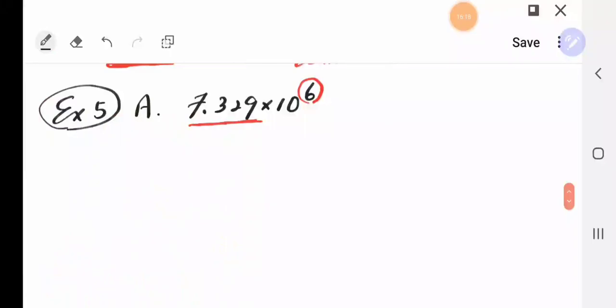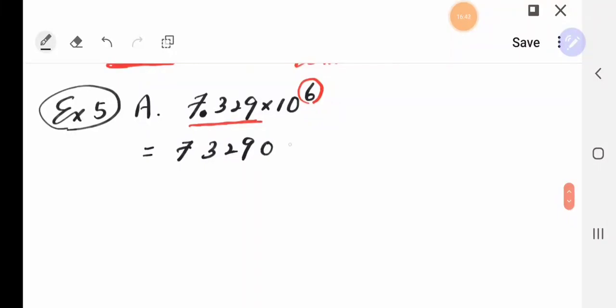That means we will move the decimal point 6 places. In order to make this number large, the decimal point must go to the right. So let's move 6 places to the right because we want to make it large.